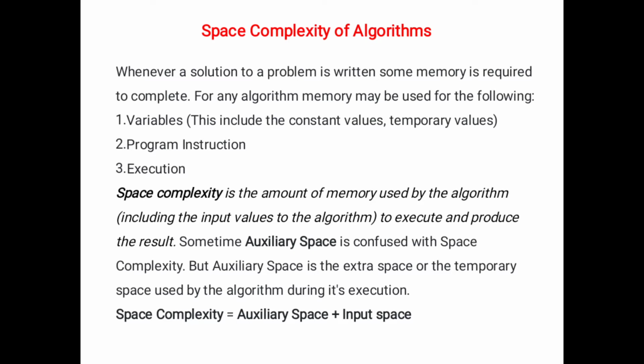So the allocated space for execution is temporary. After the process completes, that memory space is deallocated and can be used for another purpose. I already explained this concept in operating systems. So auxiliary space means extra space, or temporary space during execution time.